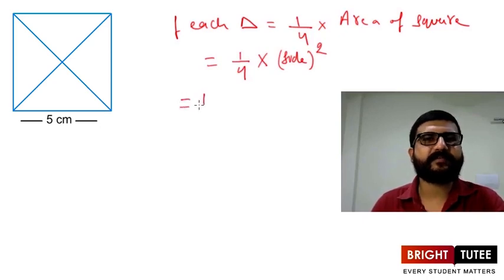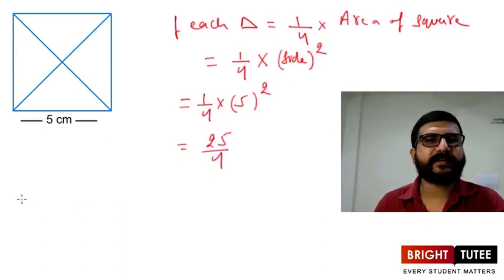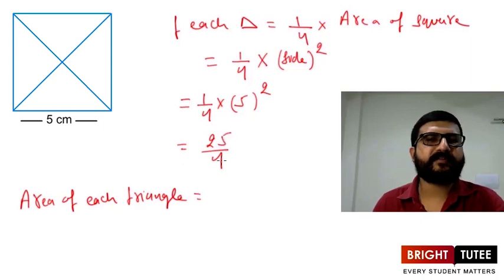So this will be equal to 1 upon 4 into 5 square, and 5 square is 25. So this is 25 upon 4. So therefore, by simplifying, area of each triangle is equal to 25 upon 4 square centimeters, or it can be written as 6.25 square centimeters.